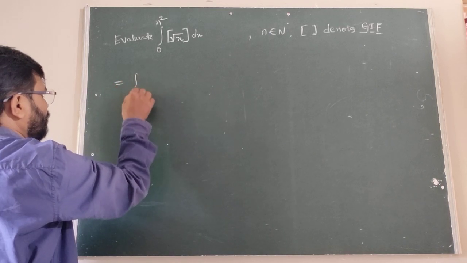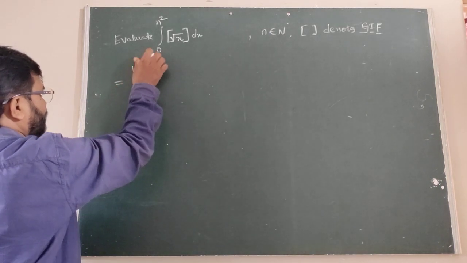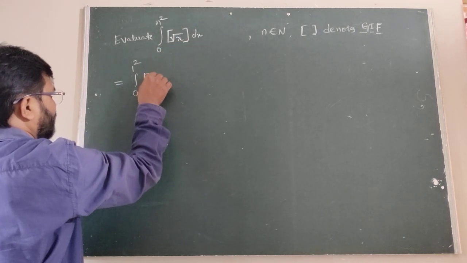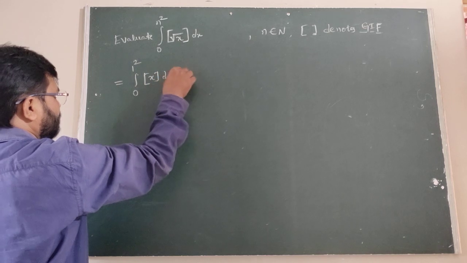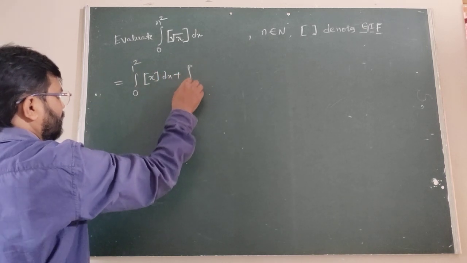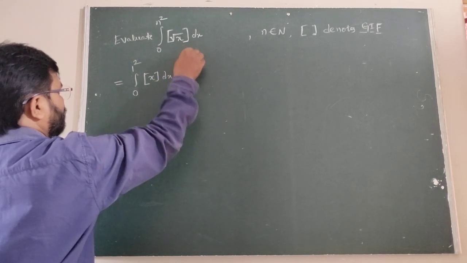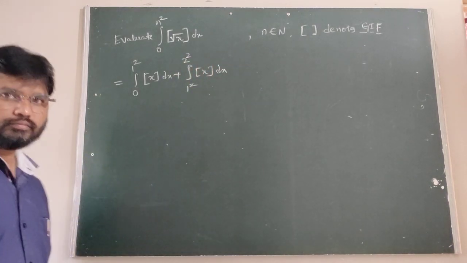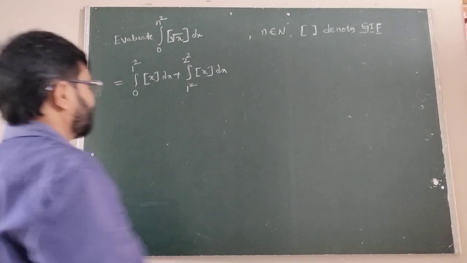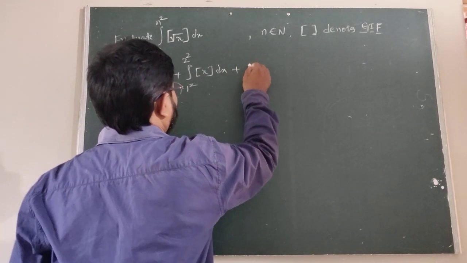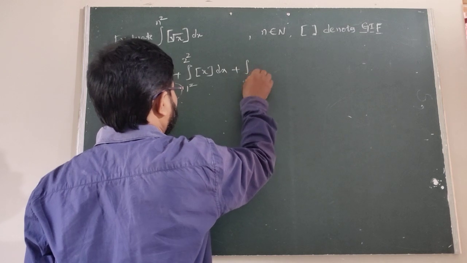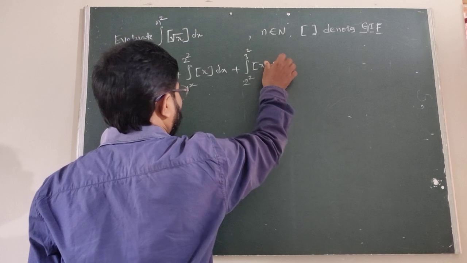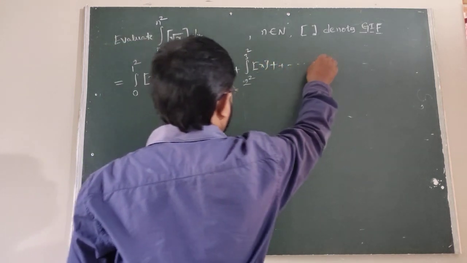How to write this one? From 0 to 1 square, the square and under root cancel, so we can write the step of root x dx. After that 1 square to 2 square, step of x dx, then 2 square to 3 square, step x dx, and so on.